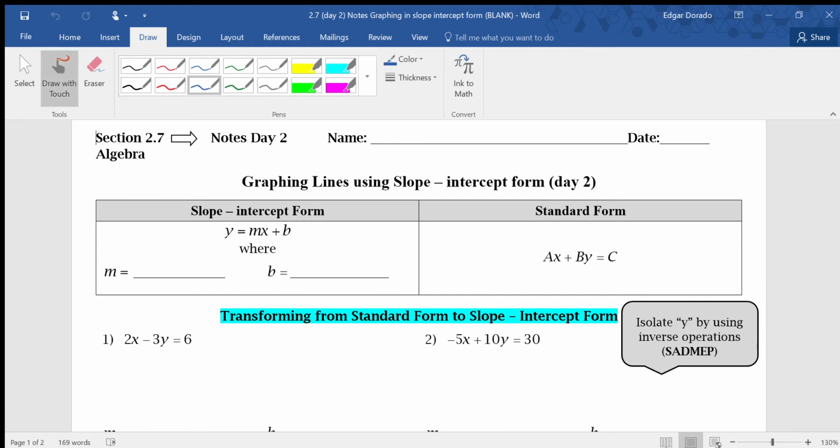Okay, so let's go ahead and write down a few things right away. Let's recall a little bit of this slope-intercept form. You guys remember it's y equals mx plus b. So this m right here tells us our slope. This b right here tells us our y-intercept.